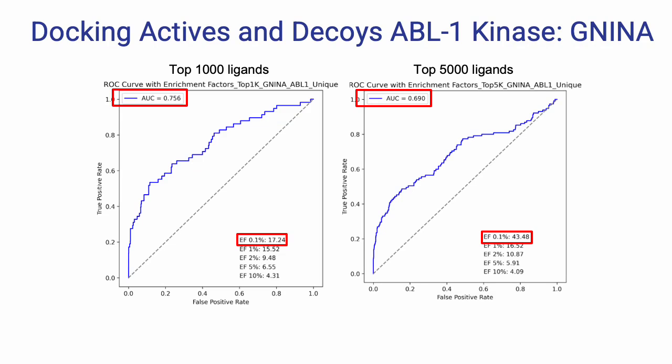For ABL1 kinase in Nina, it produced AUC values of 0.76 and 0.69 for the top 1,000 and top 5,000 ligands respectively. While this shows decent discrimination between actives and decoys, enrichment remained low with EF values of 17.2 and 43.5.